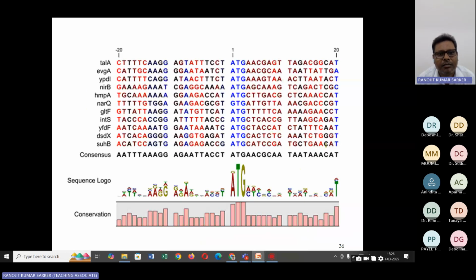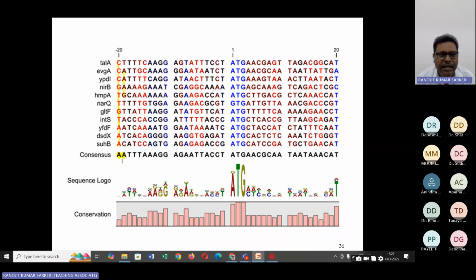But if you have many sequences like this, you can see what your consensus sequence will be. As A is maximum in these cases, and there will be many other sequences also, you might consider A in this position, A in this position, T in this position. By applying many sequences, say 50 to 100 sequences, you might get it.